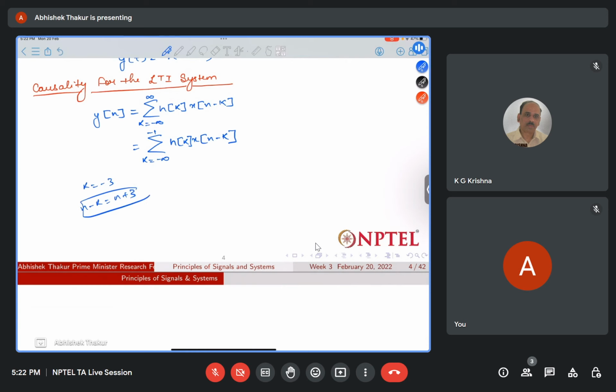This is just the explanation: the output is depending on the future input. Now when k is equal to 0, it will be h[0] x[n]. This x[n] is the present input.